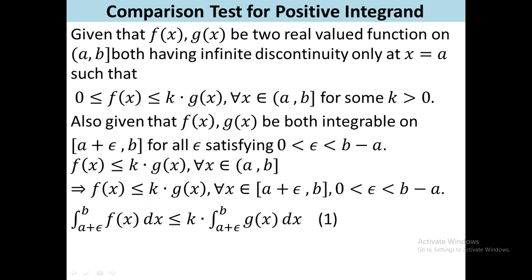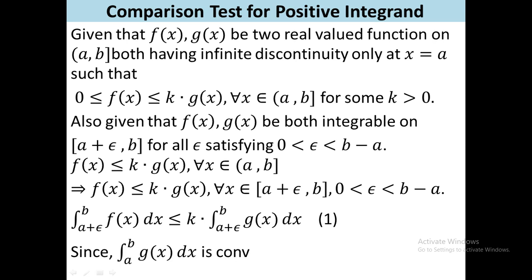However, you know that from the test for positive integrand, here given that suppose g(x) is convergent, then we can find a positive real number such that this integration must be less than lambda for all epsilon. We know this from the first theorem of the test for positive integrand, which is in the previous video.